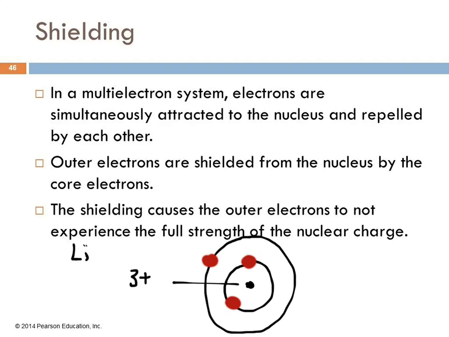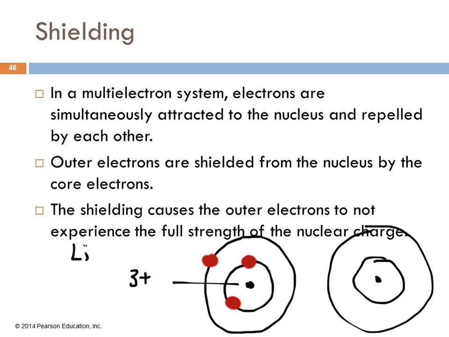So let's compare that to neon. Neon also has 2 electrons in the first energy level. How many does it have in the second? 8. 1, 2, 3, 4, 5, 6, 7, 8. Now this is the Bohr model.